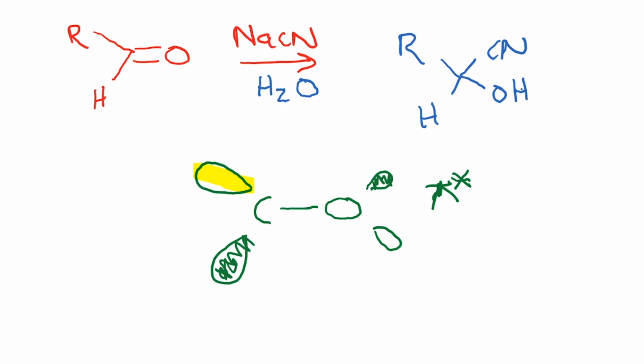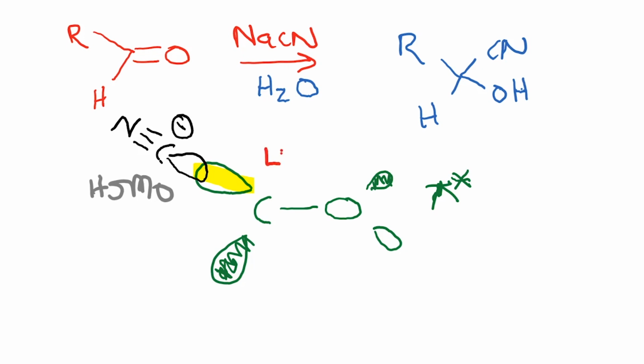Now if you take cyanide, cyanide is basically C triple bond N, and it has a minus charge, as we know, and this has an orbital that is going to come and interact with the antibonding orbital. As we have looked at earlier, this is the highest occupied molecular orbital of cyanide, which interacts with the LUMO of the carbonyl.